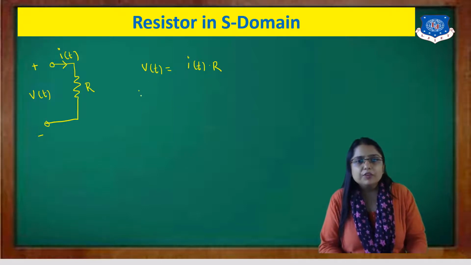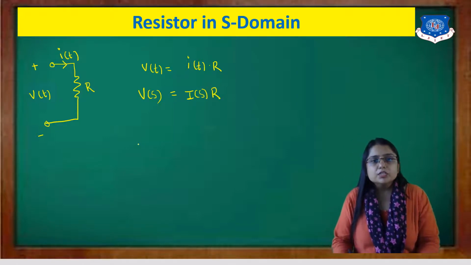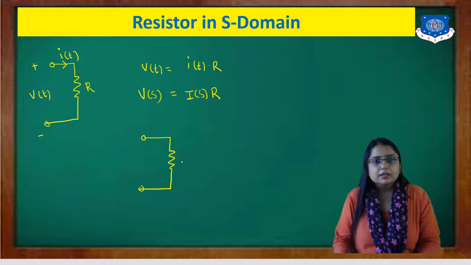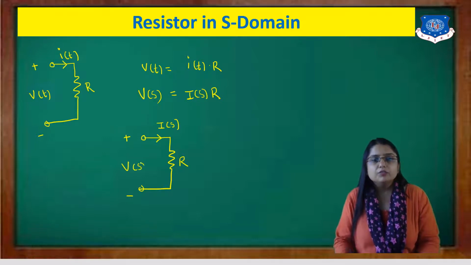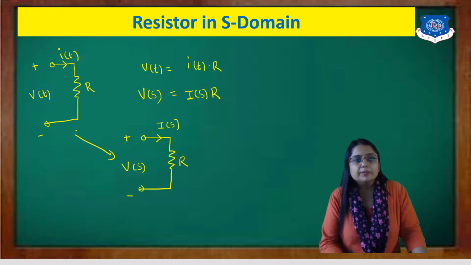Then the Laplace of V of t is V of S. Laplace of I of t is I of S, and then R as it is, because it's a constant. Now you just draw the network. Here I have one resistor, the current is I of S, and the voltage is plus minus V of S. So you just compare these two diagrams.